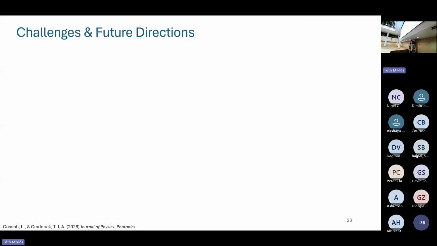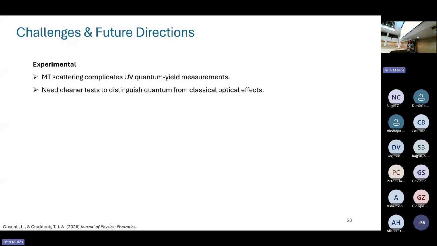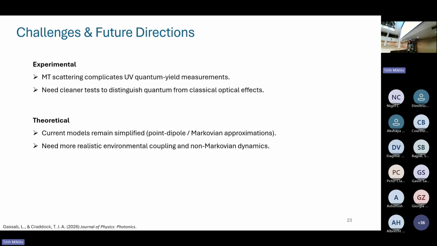And as a conclusion, it's not as easy as you may think, there are, for example, a lot of experimental challenges. For example, microtubules have a high background scattering that we need to deal with. And we also need more experiments to clearly distinguish between quantum and classical effects in microtubules.